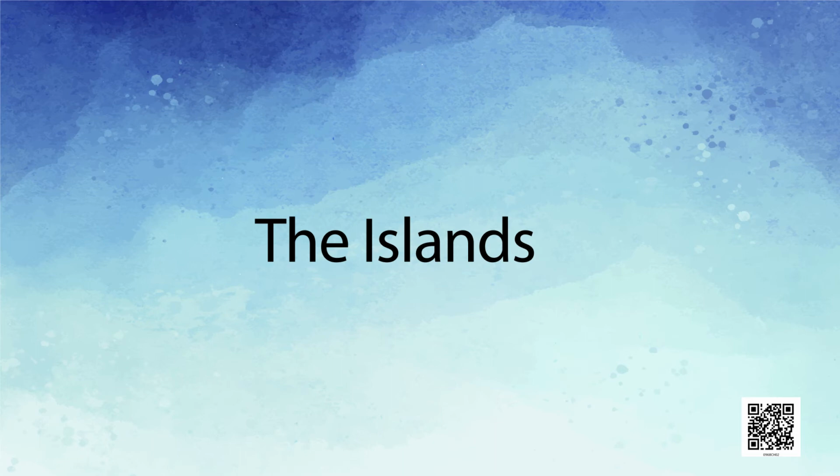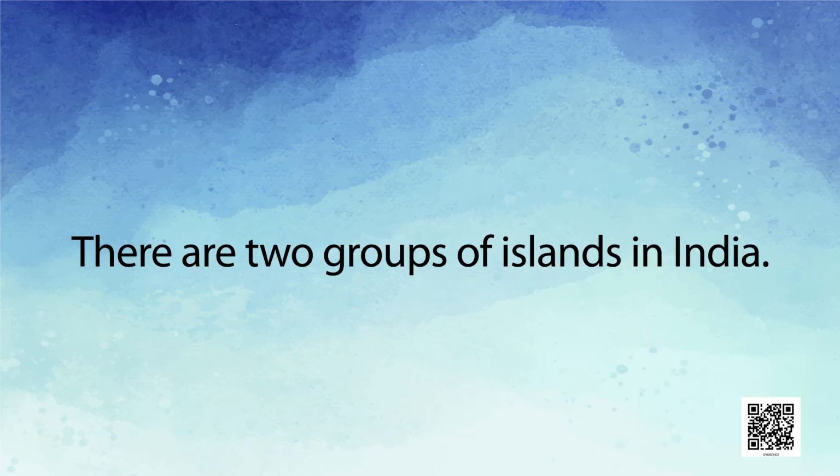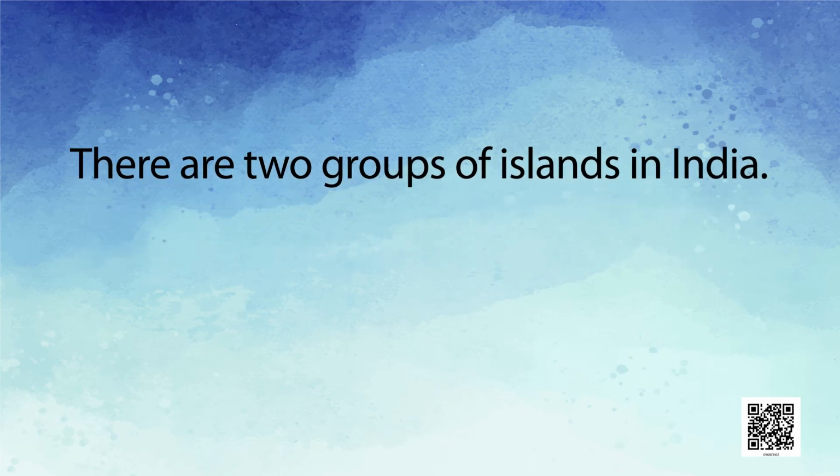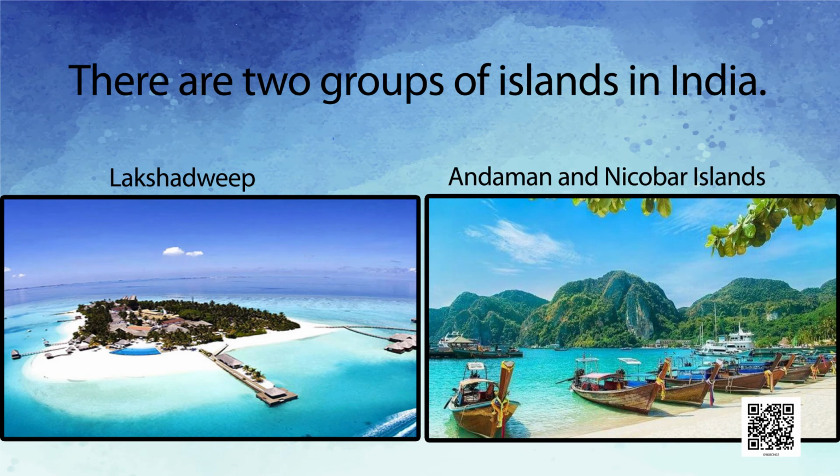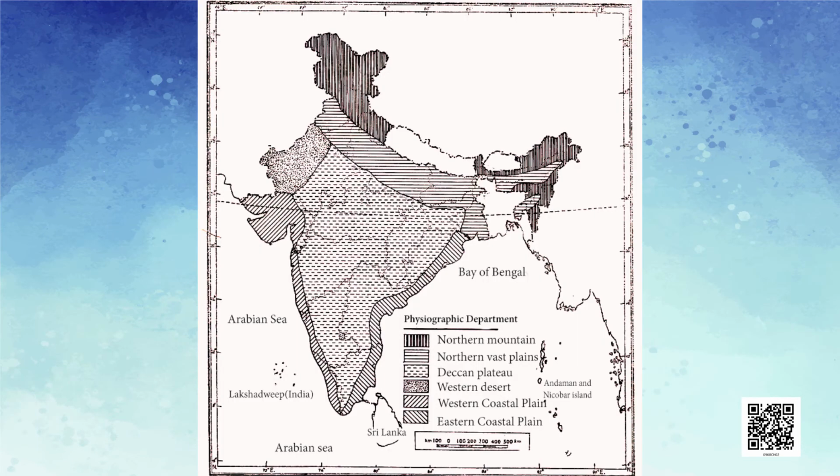Children, you have already seen that India has a vast mainland. Besides this, the country has also two groups of islands. They are Lakshadweep and Andaman and Nicobar Islands. Lakshadweep Islands group lies close to the Malabar coast of Kerala.